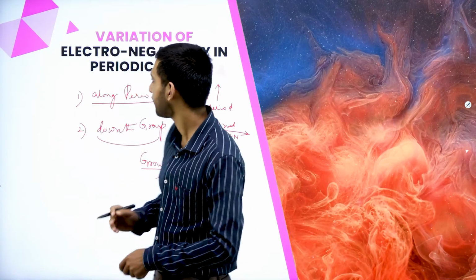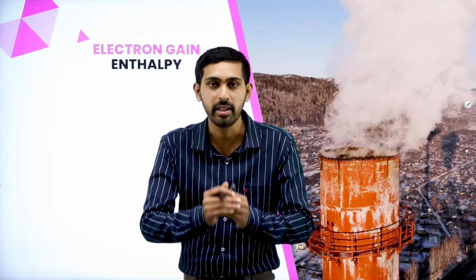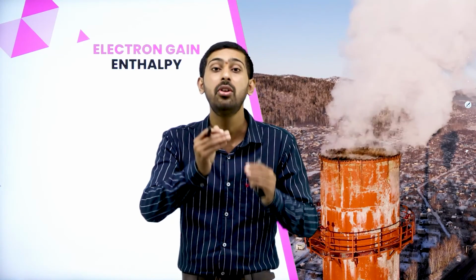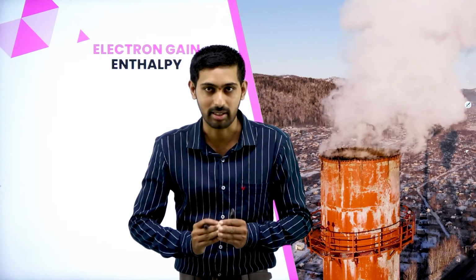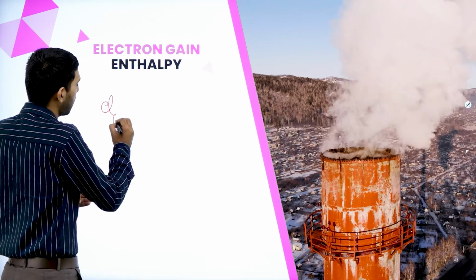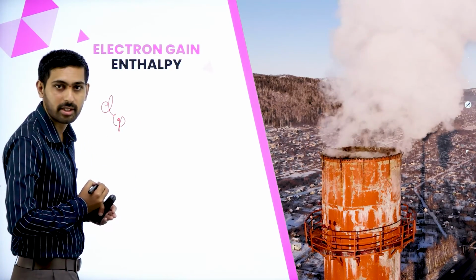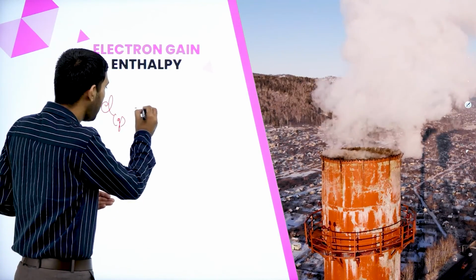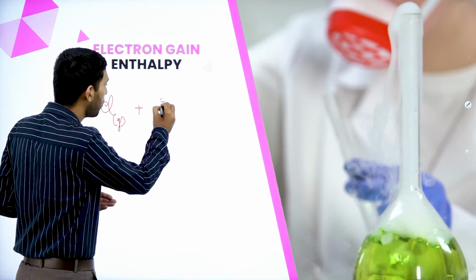Next thing is electron gain enthalpy. It's a change in enthalpy when an electron is added to a neutral gaseous atom. That is known as electron gain enthalpy. Now let us consider one example. Chlorine is in the gaseous state, and I will add one electron to the chlorine.